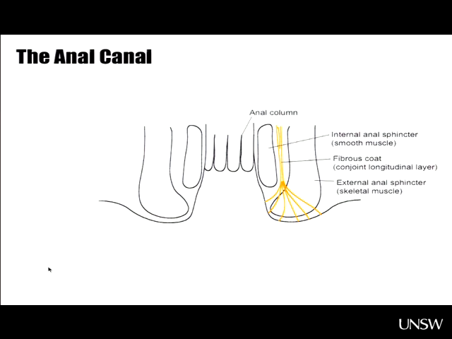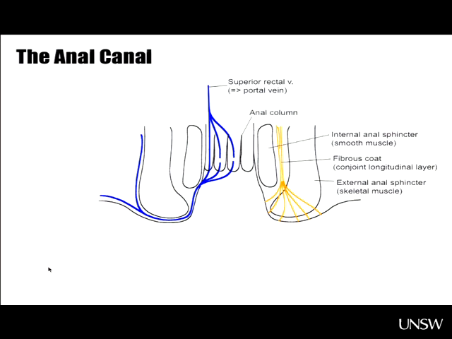Now the main point we're trying to make here is the rich venous plexus inside the anal canal. So you have anastomoses there between two important systems of venous drainage. The upper veins drain towards the liver, so those are tributaries of the portal vein.